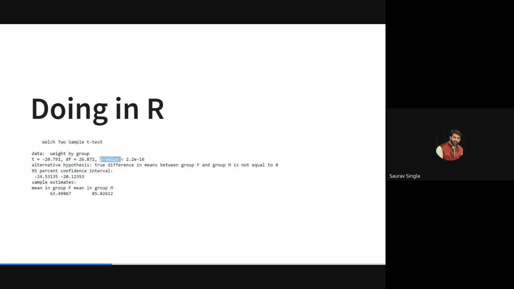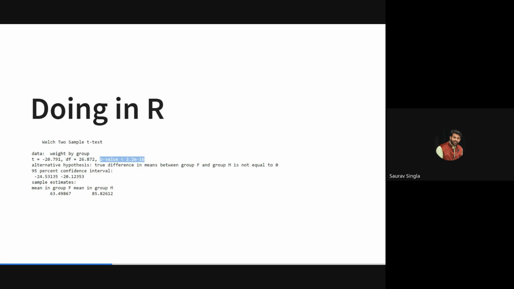And here the p value is written as 2.2 e minus 16. Usually people get confused about what this 2.2 e minus 16 is. E minus 16 means the number written in front, that is 2.2, multiplied by 10 raised to the power minus 16.